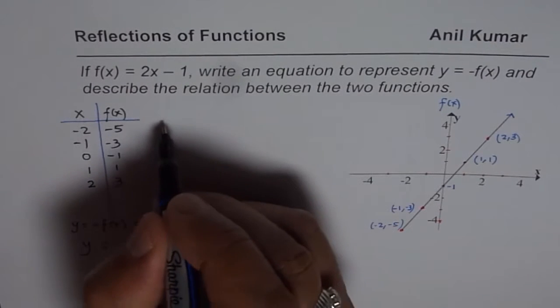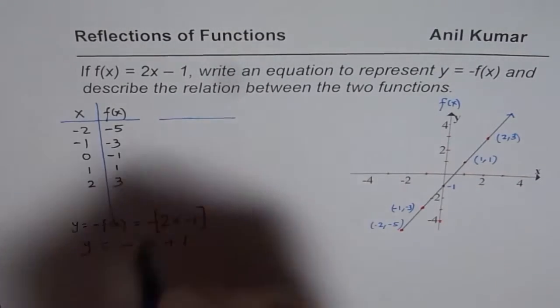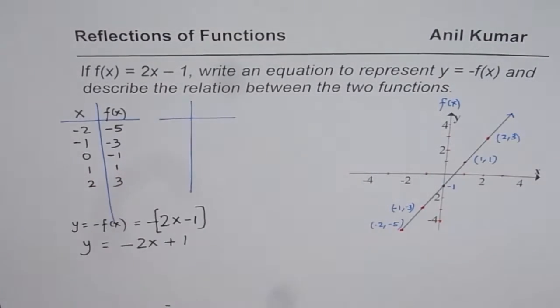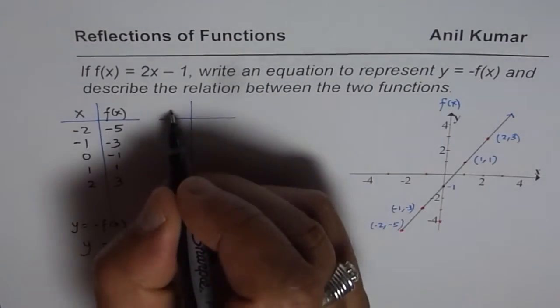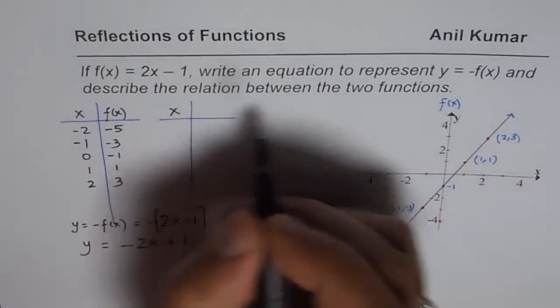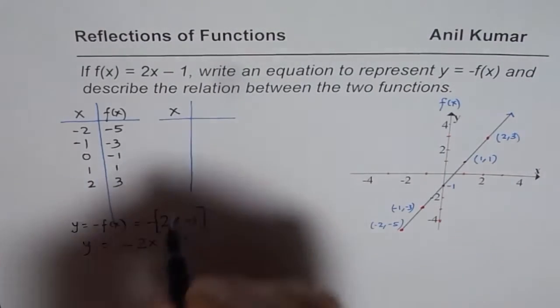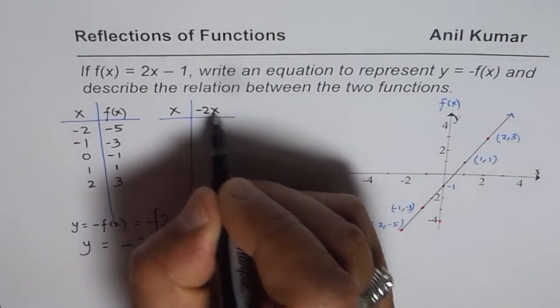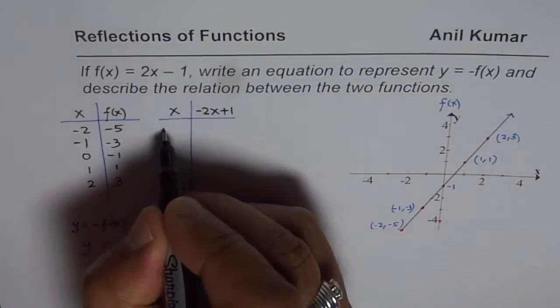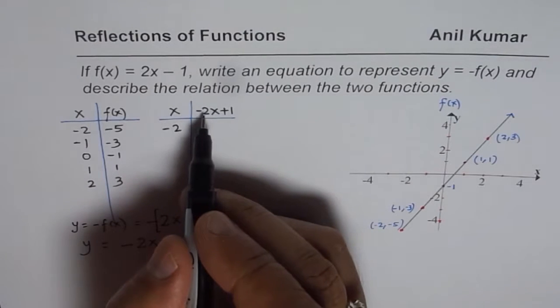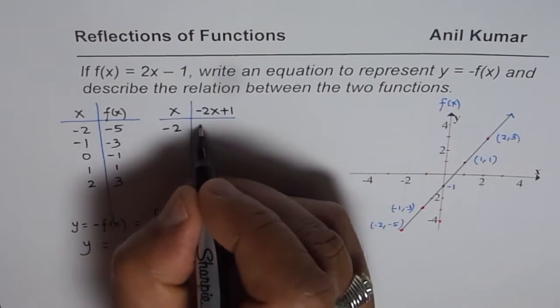Now let us plot the points for this function. We'll take the same x values and calculate for minus f of x, which is minus 2x plus 1, right? So if x is minus 2, minus 2 times minus 2 is plus 4, plus 1 is 5.